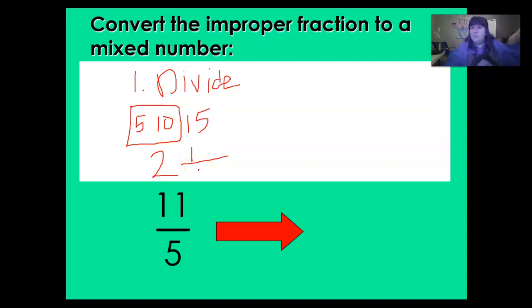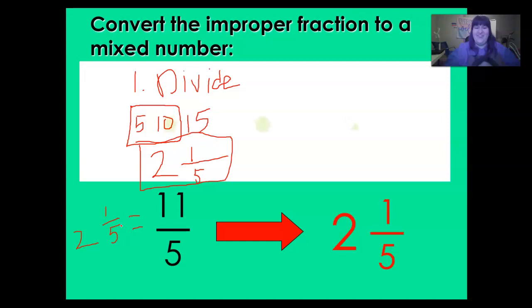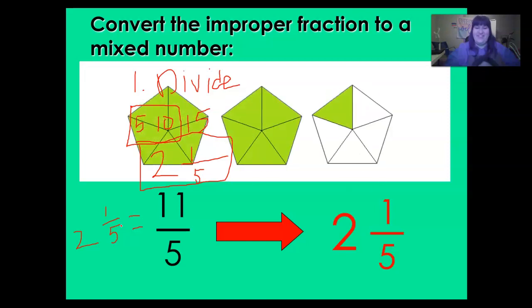Stays the same. The number of parts in my whole isn't changing just because I'm changing the way my number looks. So we have 2 1/5. 11/5 is the same as 2 wholes and 1/5 extra. There we go, 2 1/5. And there's the image to match.